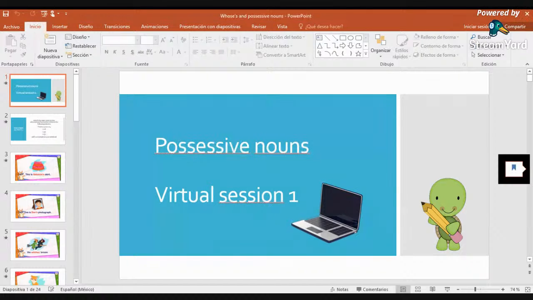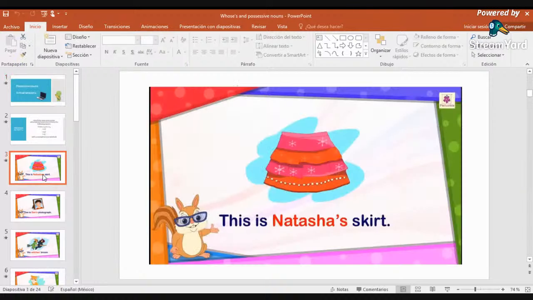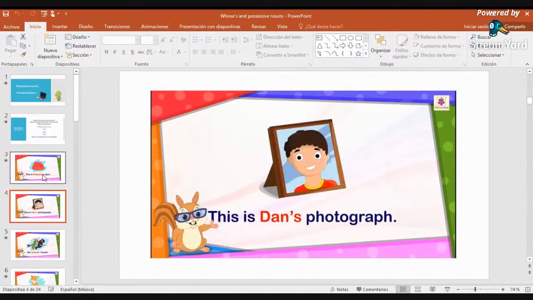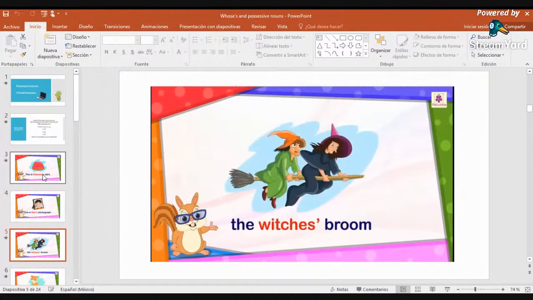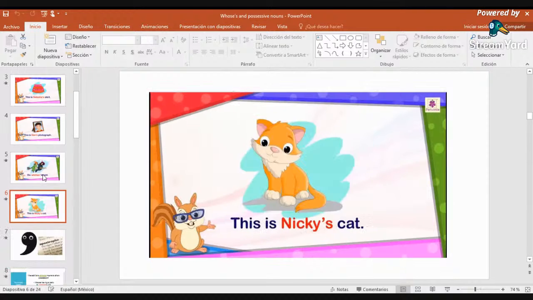Yesterday we had this presentation, possessive nouns. And well, you copy these examples, like this is Natasha's skirt. Then we have this is Dan's photograph, and the witch's broom, or this is Nikki's cat.